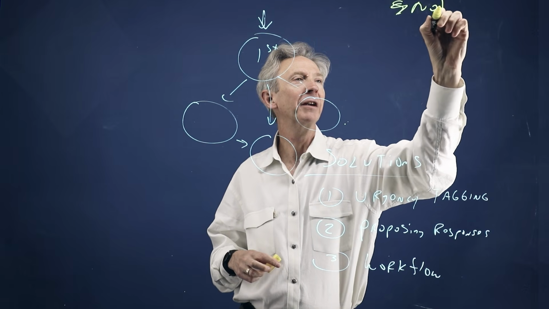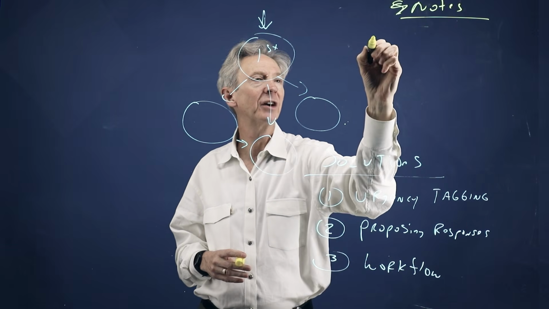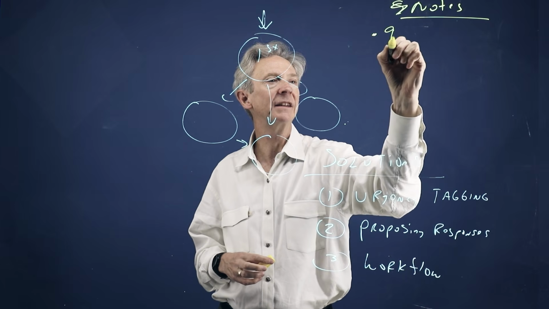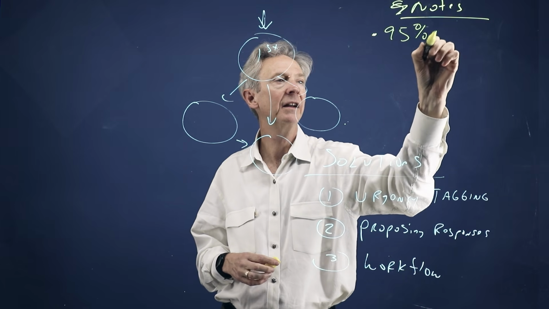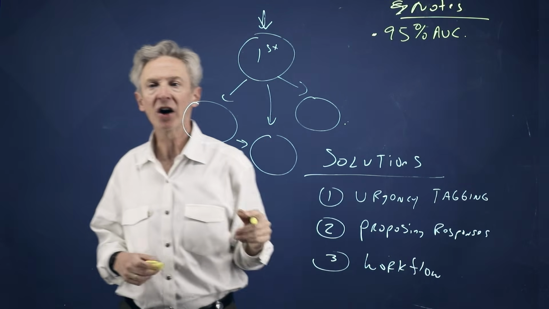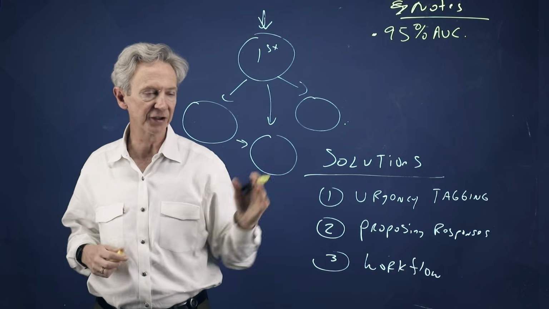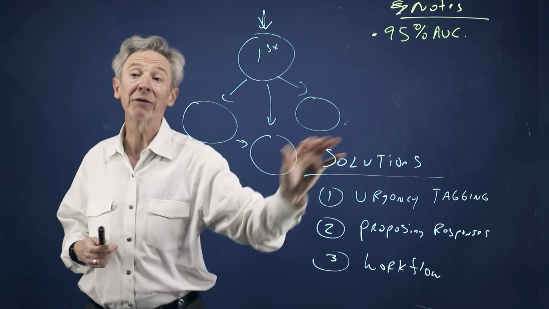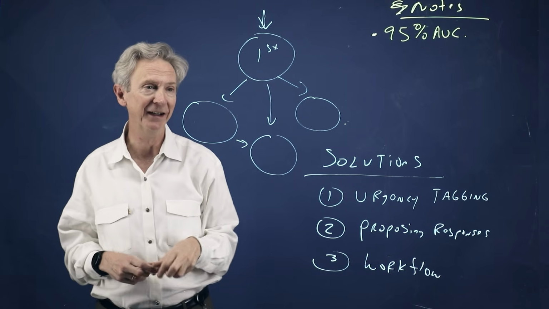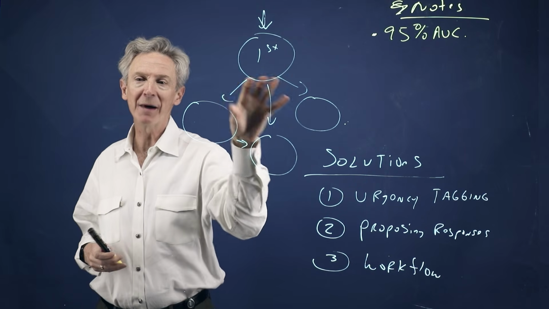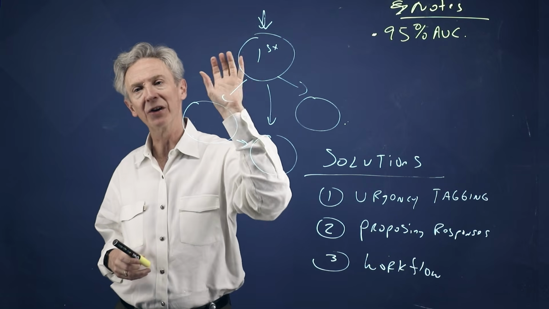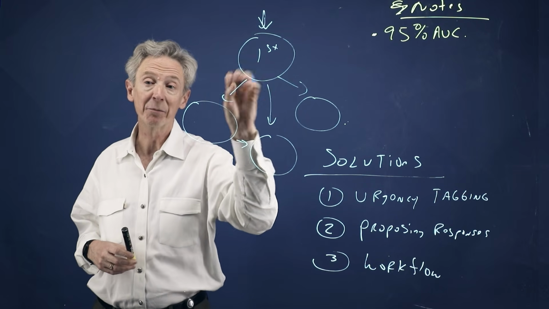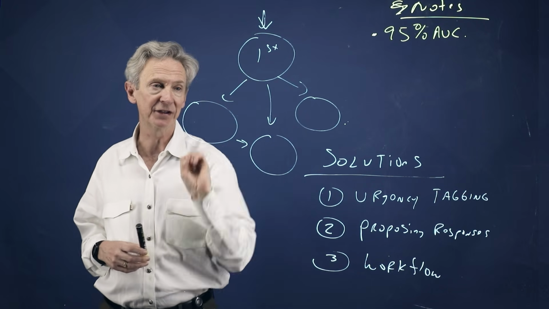I'll just write notes. So one is these models are quite good. It's not hard to train accurate models to do urgency or to do workflow. In fact, in the workflow case, just to go back there for a sec, you can train the model based on the actual behavior of the forwarding activity by the contact center team or the nursing team.